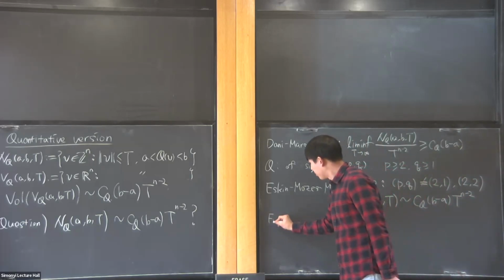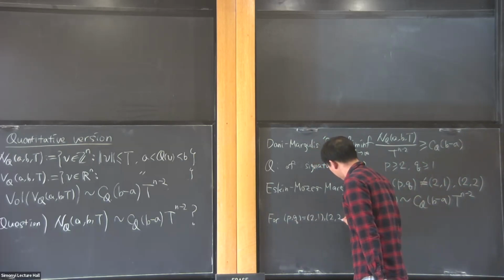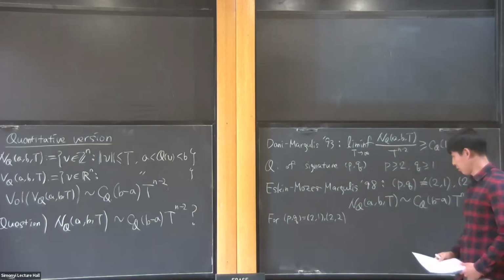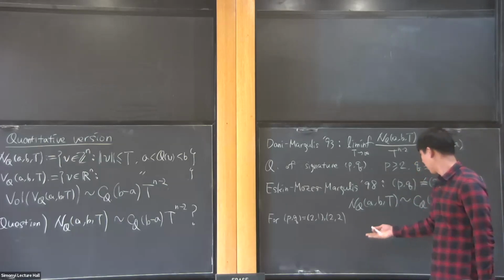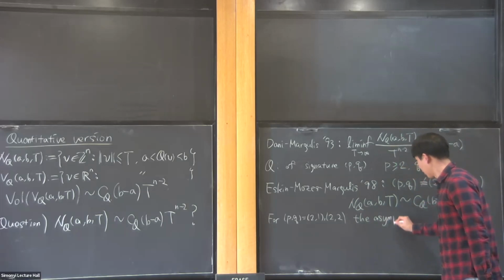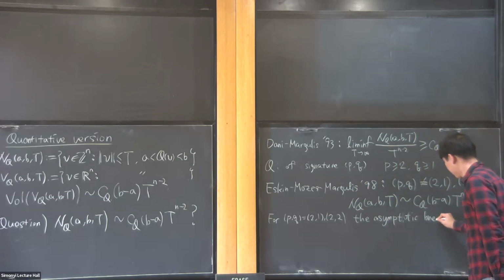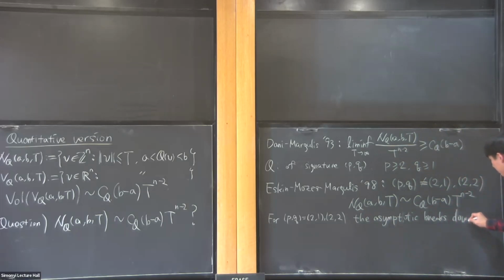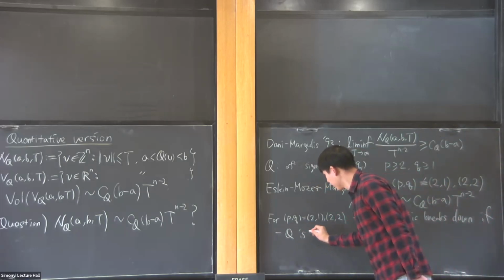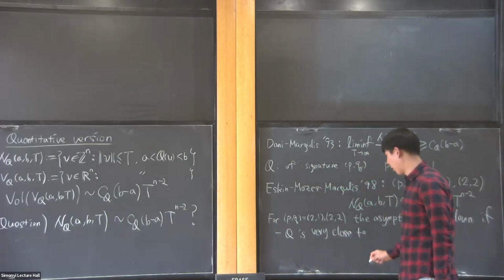But for signature 2-1 or 2-2, the situation is more complicated because this asymptotic can actually break down. And there are two scenarios in which the asymptotic can break down. First, if our Q is very close to a rational form.